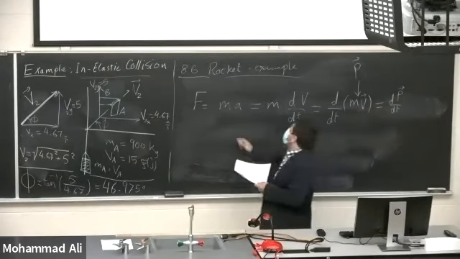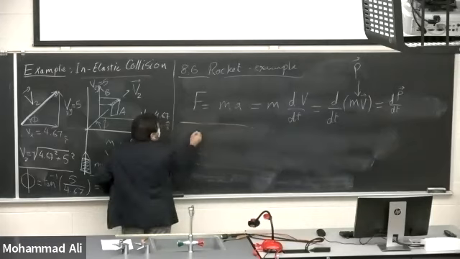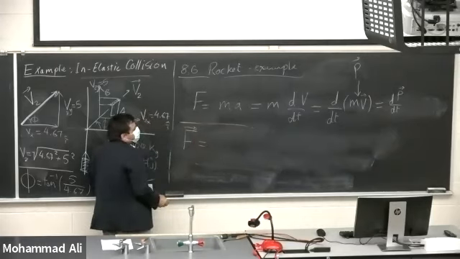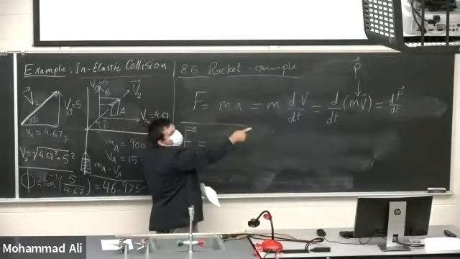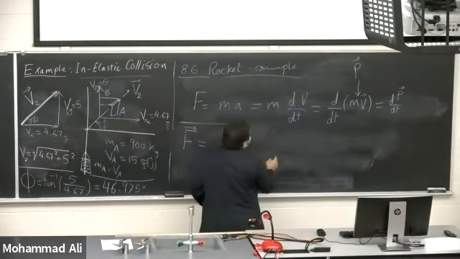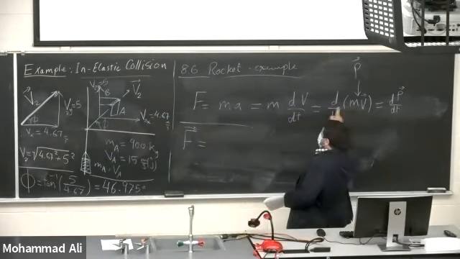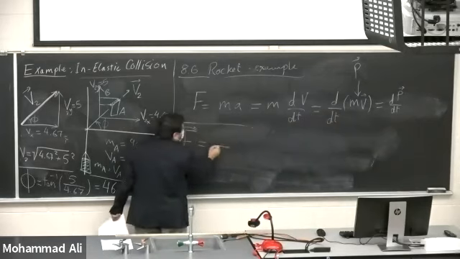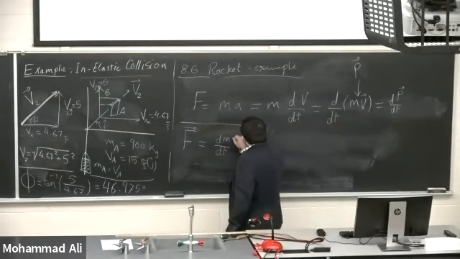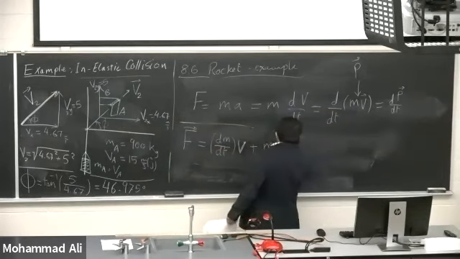Because if the mass is changing, then the force is equal to, I need to differentiate the momentum. How can I do that? I need to differentiate the first term, which is dm by dt multiplied by the velocity, plus the mass by dv by dt.